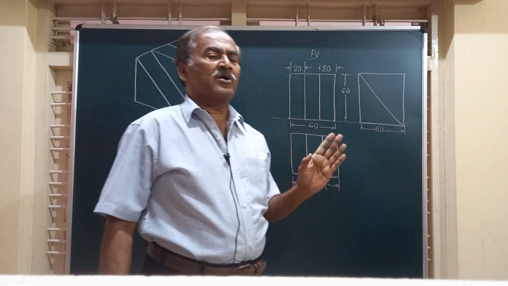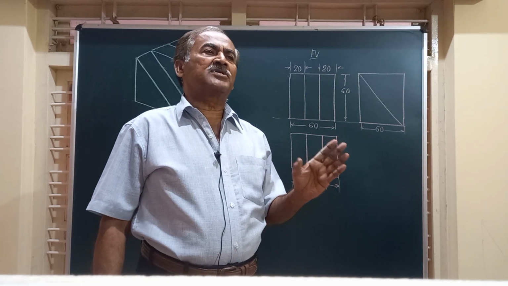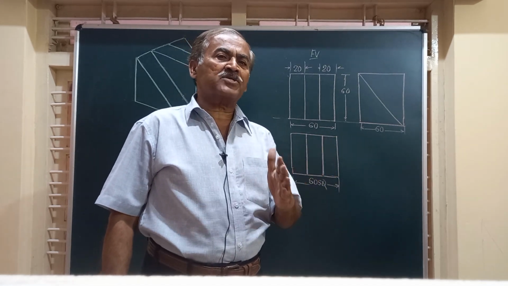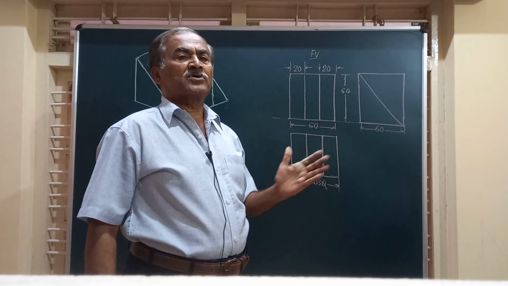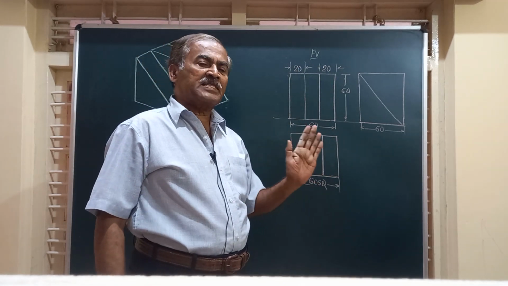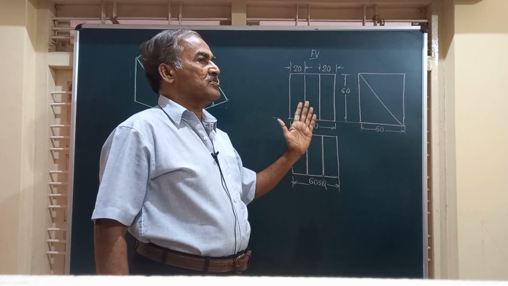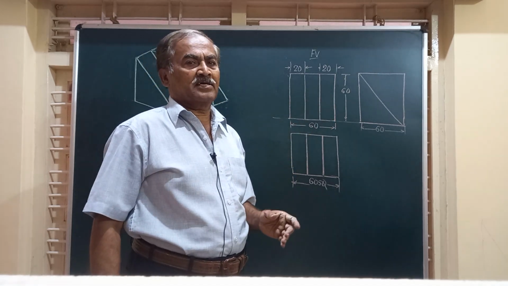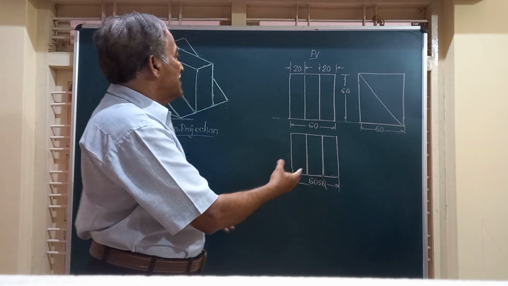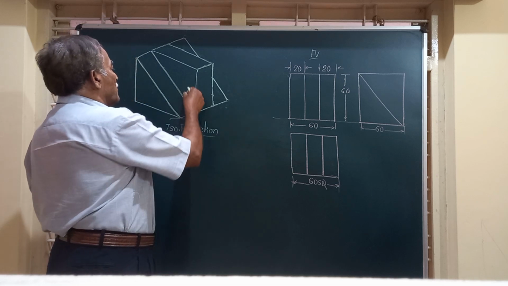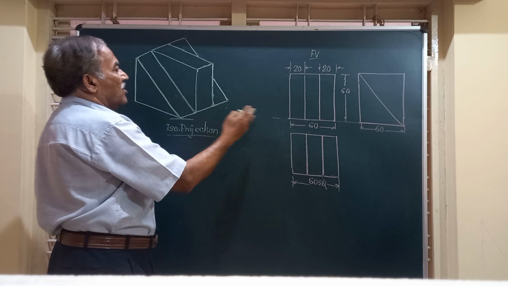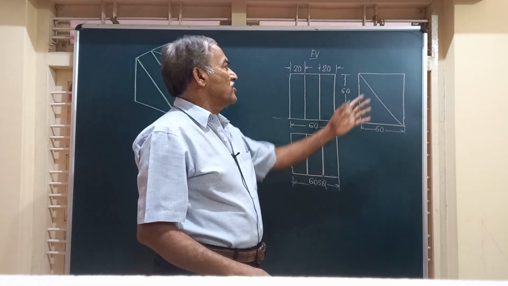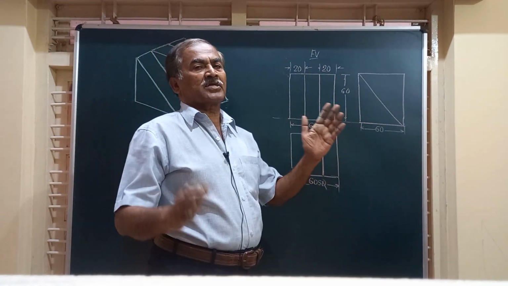Whatever figure we have drawn, that is the isometric projection, has to be compared with the orthographic views of the component given. Check them once before you say it is completely correct. And I have shown you that we have obtained the isometric projection of a component whose orthographic views are given.